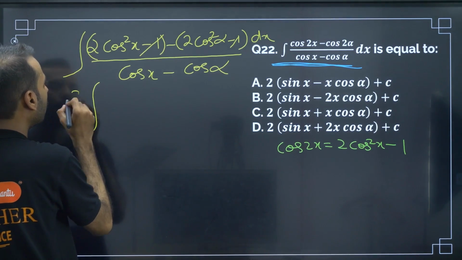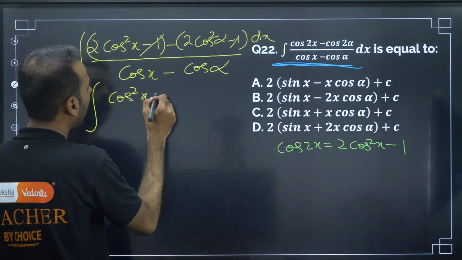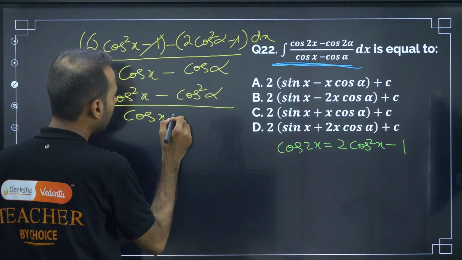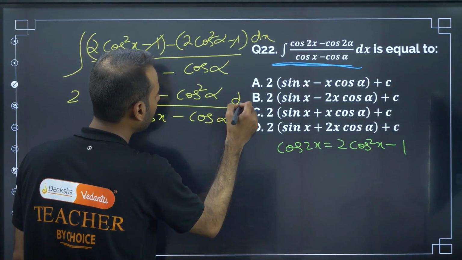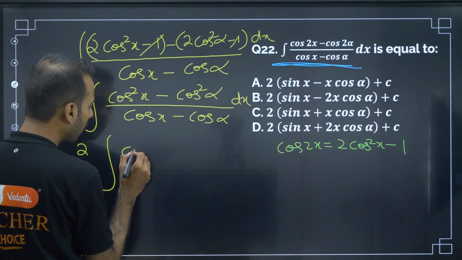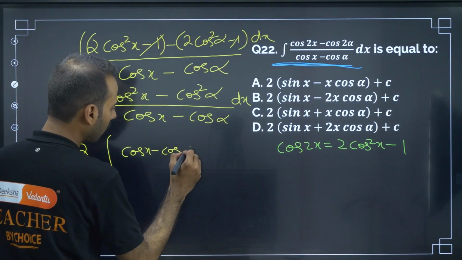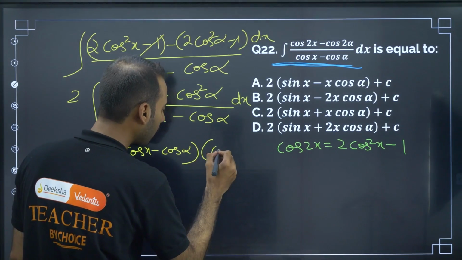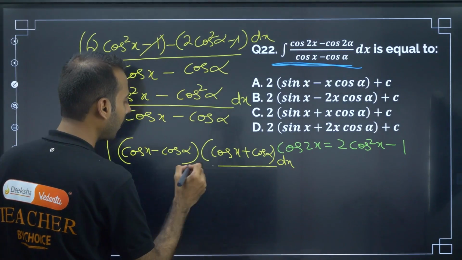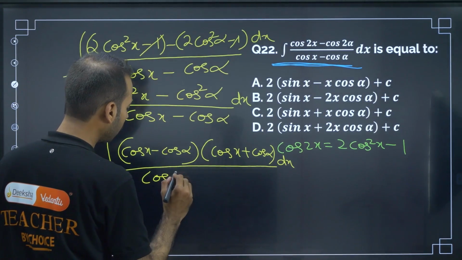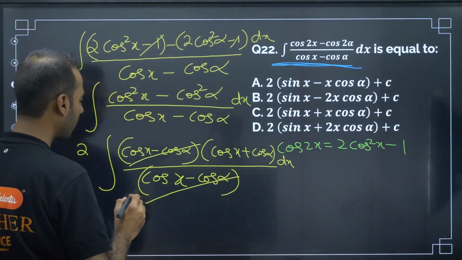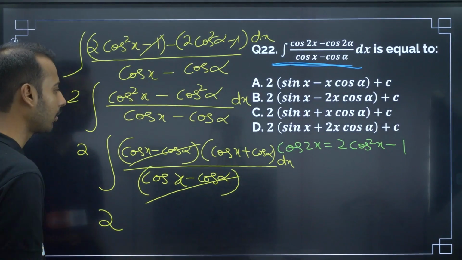Here we are left with 2 times cos square x minus cos square alpha divided by cos x minus cos alpha, dx. So 2 I am keeping as it is, a square minus b square, cos x minus cos alpha times cos x plus cos alpha, divided by cos x minus cos alpha. So this and this I cancel.